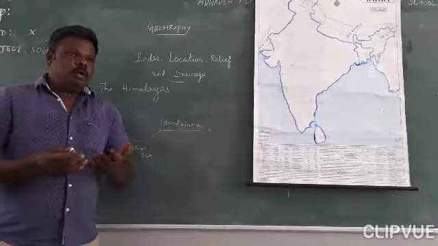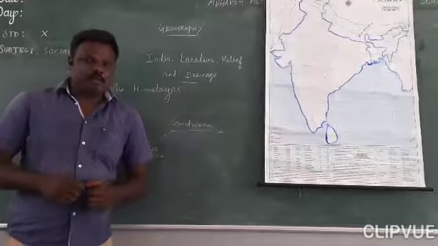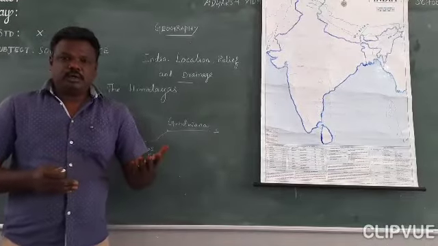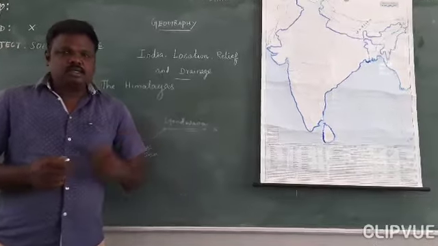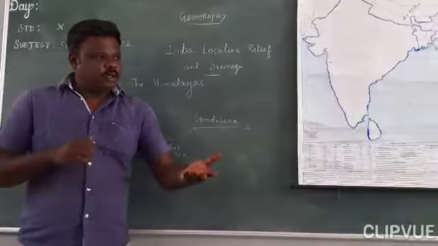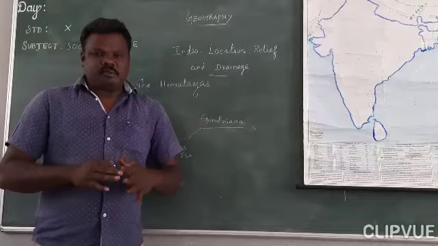So we know very well how an earthquake happens because of the uneven movement of the tectonic plates in the crust area. So you see the uneven movement of the tectonic plates created different kinds of landforms.